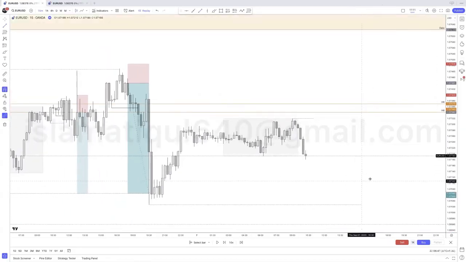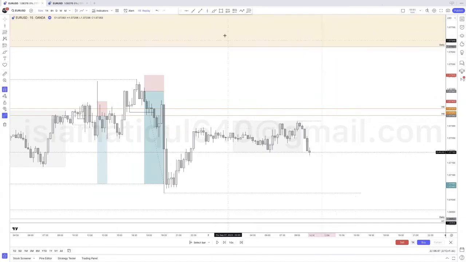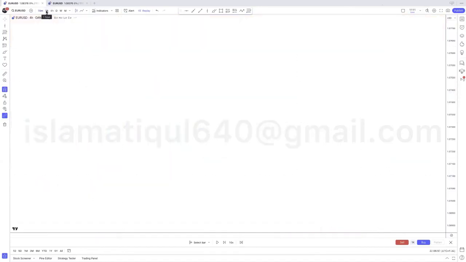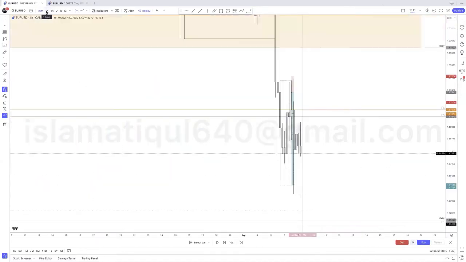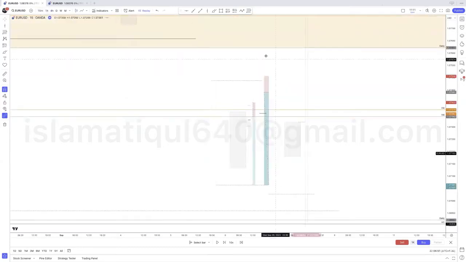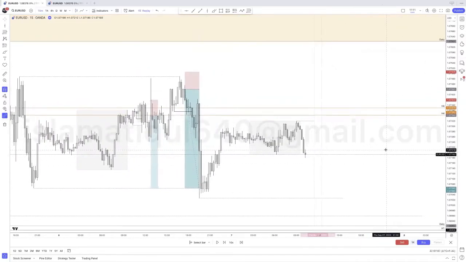Asia is building up liquidity right below the key level that we marked out. So London might give us a sweep. London might even give us a good sweep. Yeah, one broken. We have that confirmation entry. We have that as well.